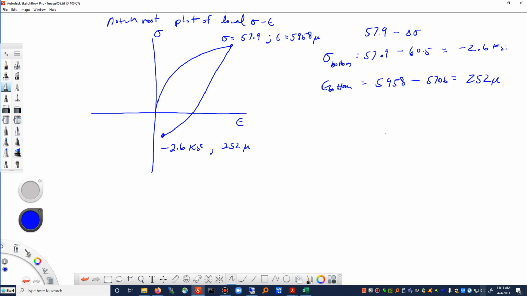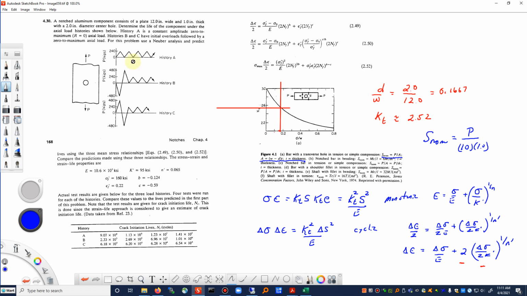All right, so now the next step is going from 0 up to 240 in the nominal load.